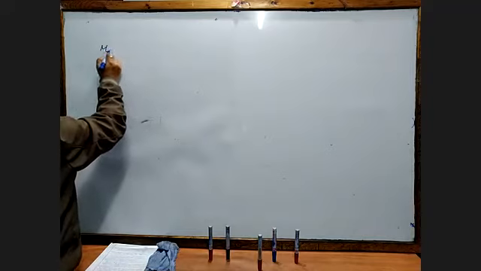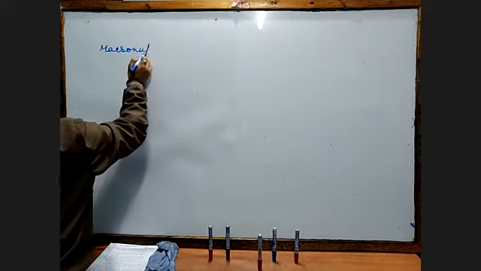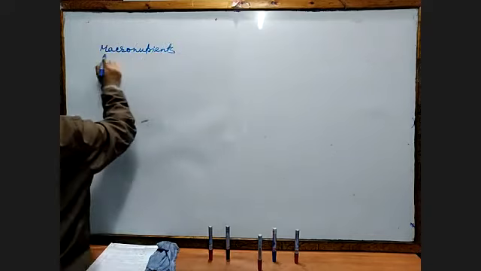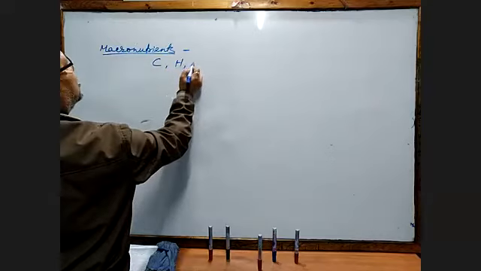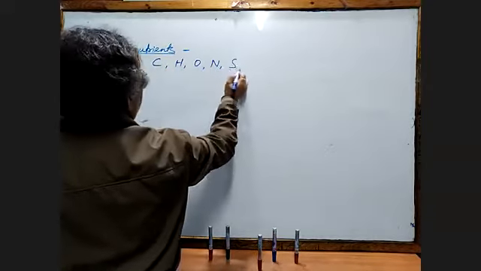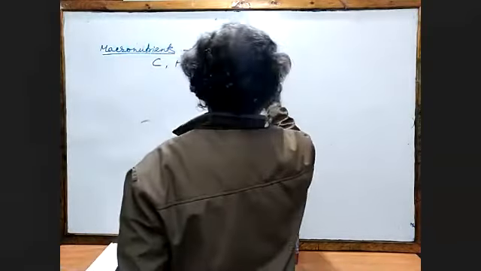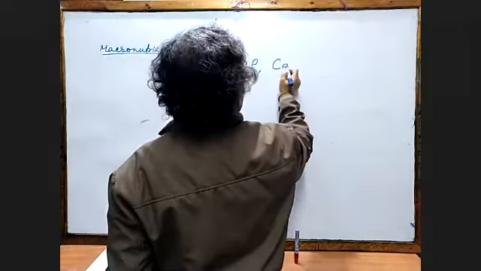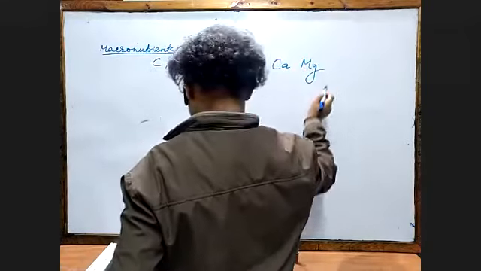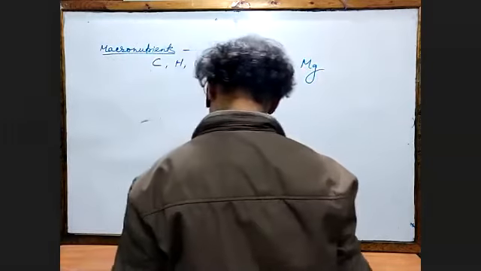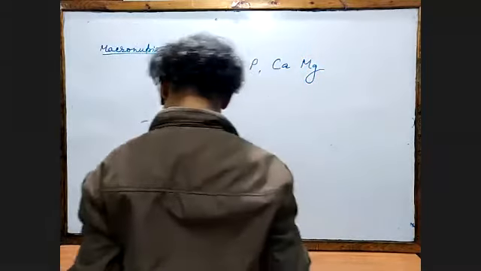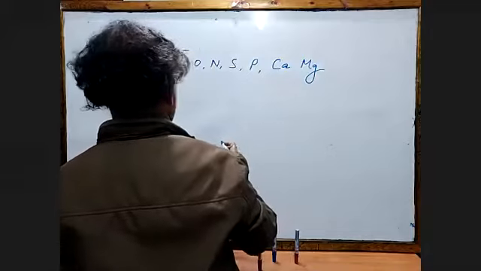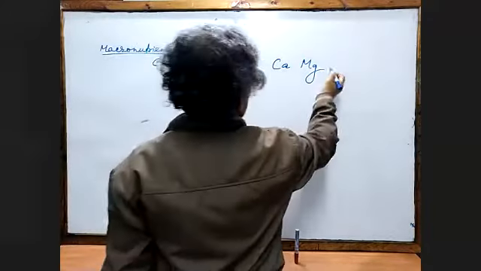The macronutrients are carbon, hydrogen, oxygen, nitrogen, sulfur, phosphorus, calcium, magnesium, and another one is potassium.